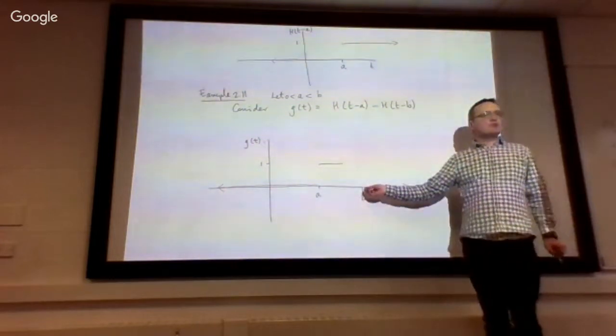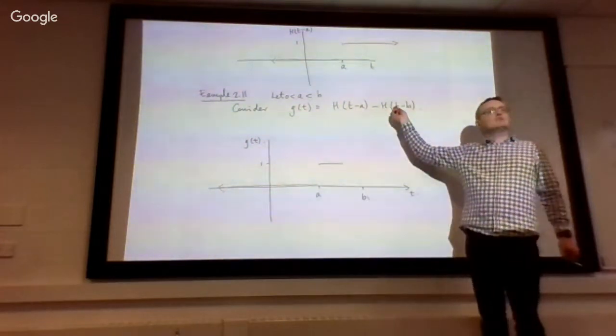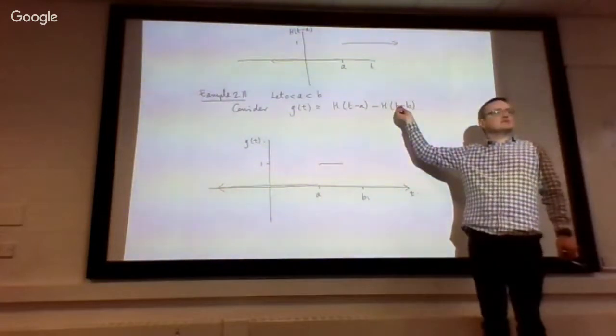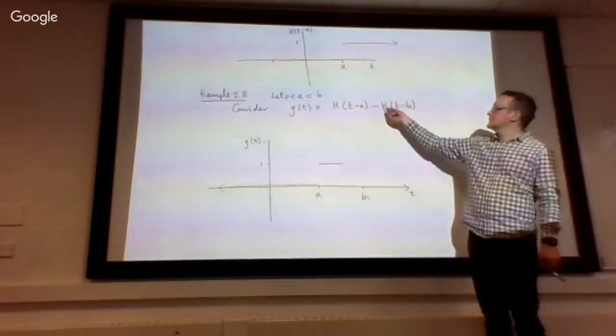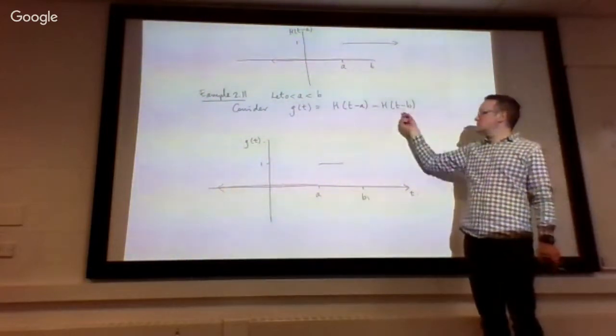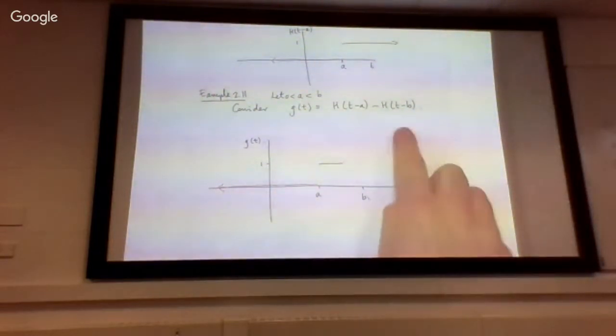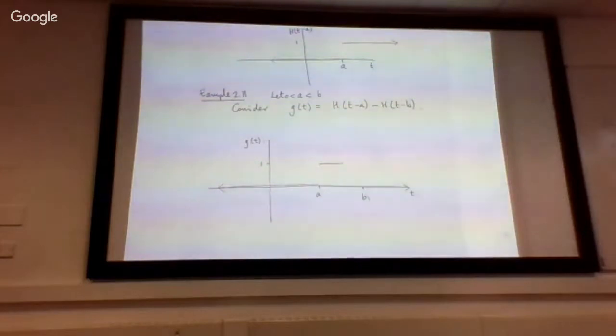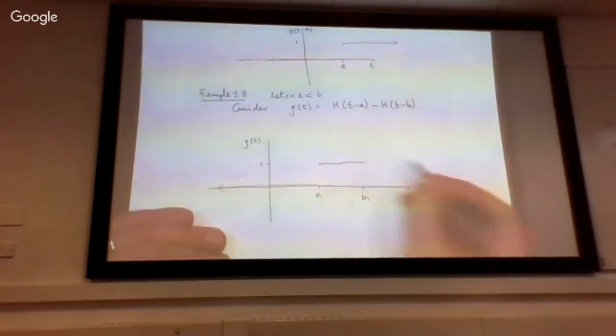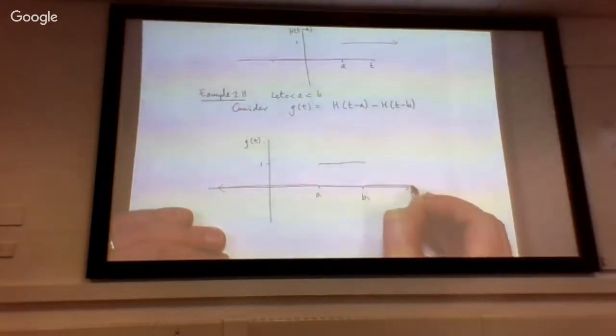When it passes through b, the behavior of the second term, h of t minus b, changes. It gets switched on and takes the value 1, but then g of t is going to be 1 minus 1. So the effect of that is going to be something like this.